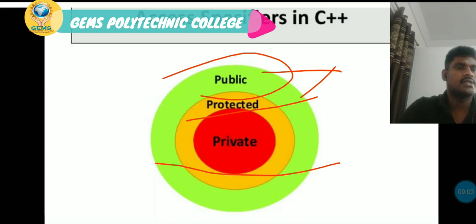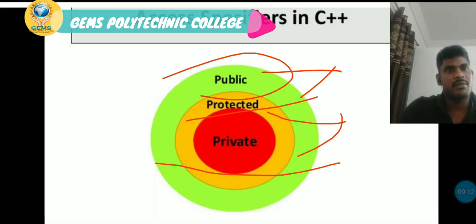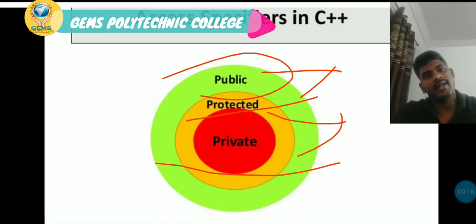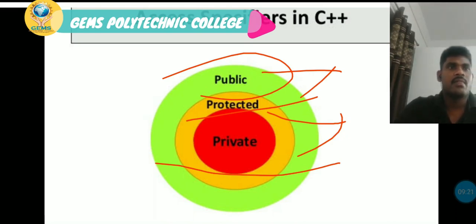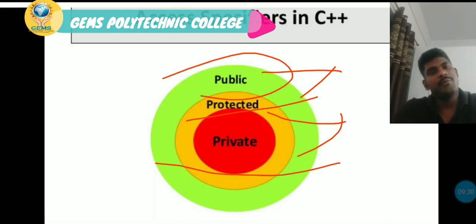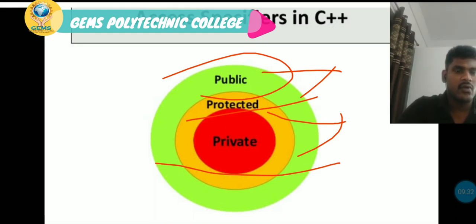If you declare any class as public, all properties of that public class can be accessed anywhere. The second one is protected. It is less restricted. Public has no restriction, but protected has some restrictions. We can access all properties of a protected class only in the next derived class. What does next derived class mean? For example, one parent class is there, and one child class is there.